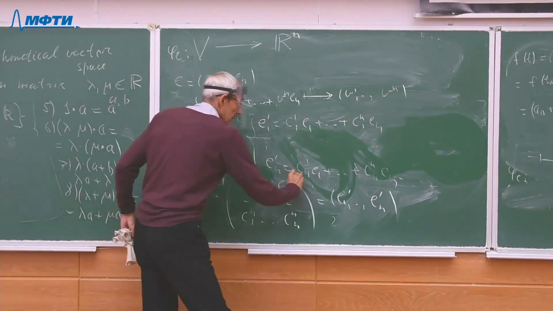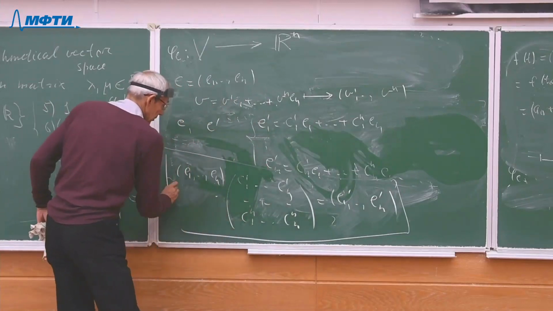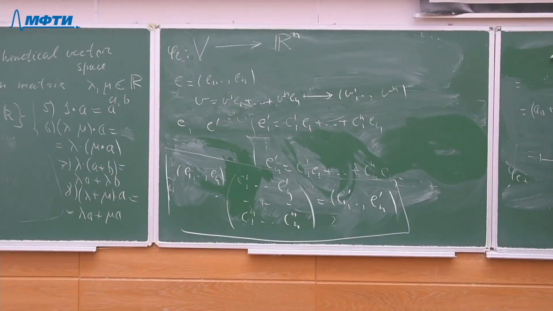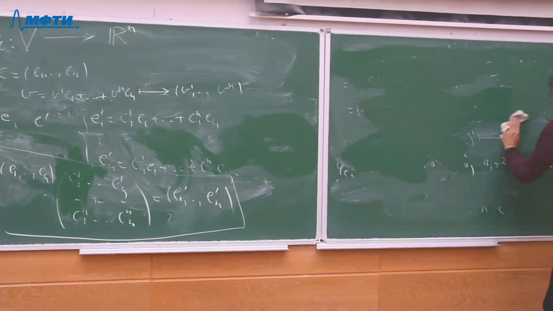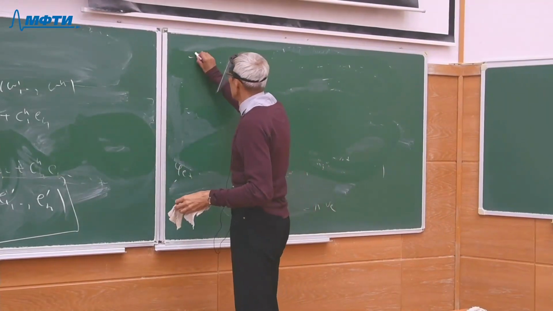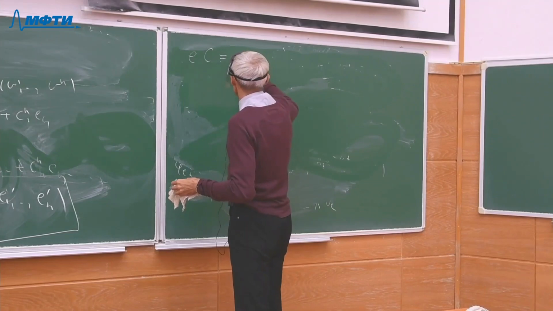We use this matrix notation, and we can write this formula in the following matrix form: E times C is equal to E prime.